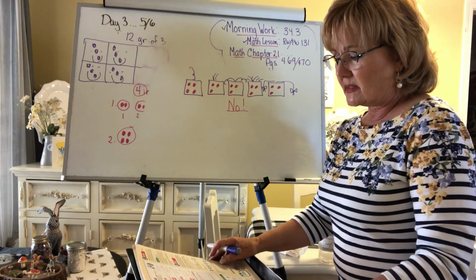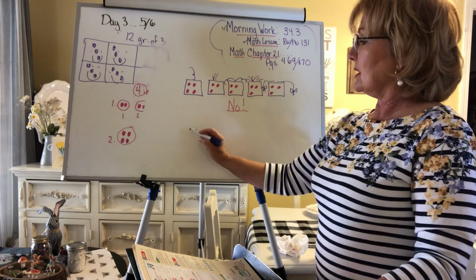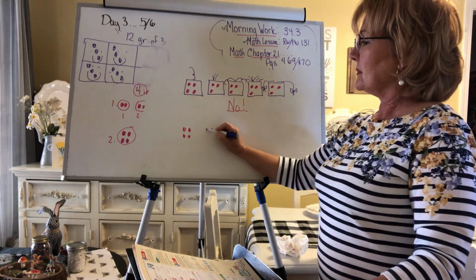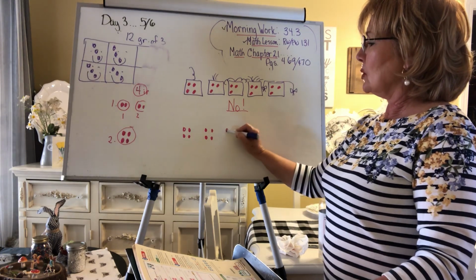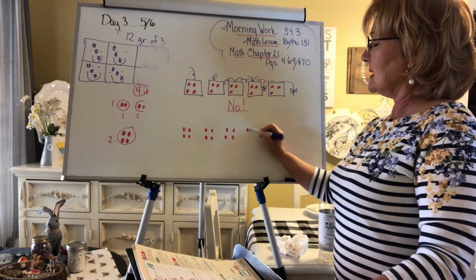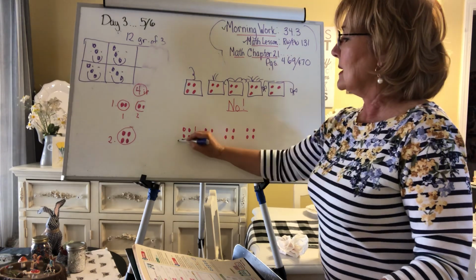Another way is 16 game pieces divided by 4. So let's make 4s. 4, 8, 12, 16. Because 16 can be divided evenly by 4.